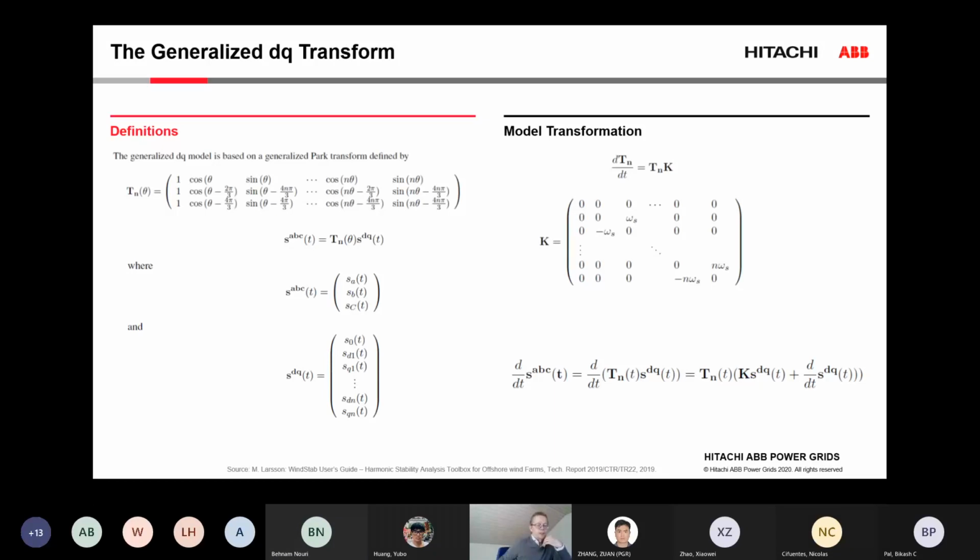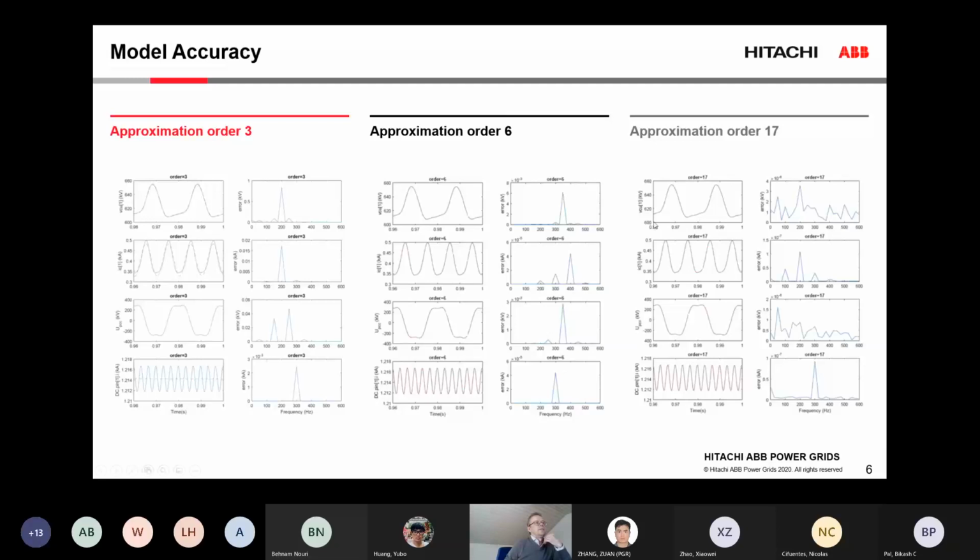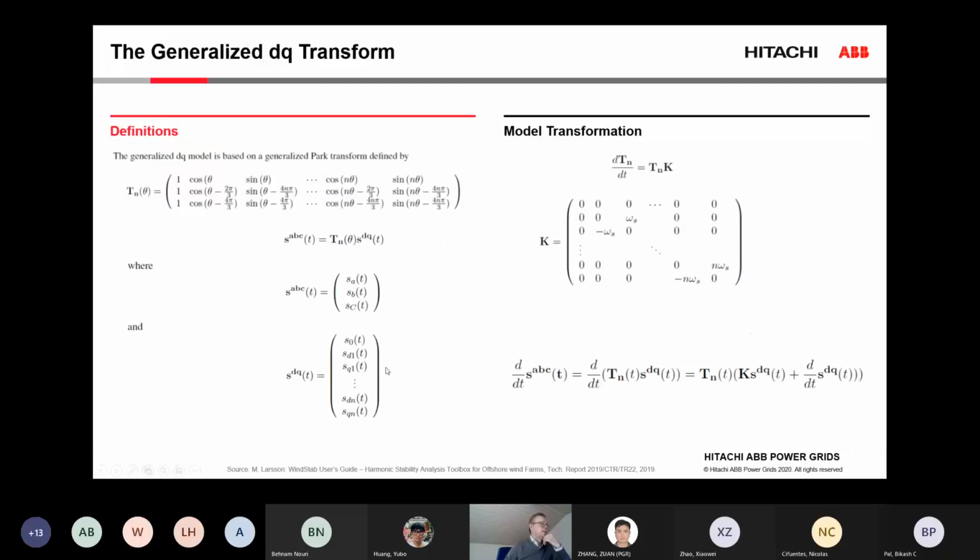But once you start going, say, to a very high approximation order, so if you have 17 here, we will have a dimension of this state, this vector here, that is 17 times 2 plus 1. And we need to map that to only 3 signals. And what you need to do then is to assume that the content, the amplitude in these higher order terms is small, so you can neglect them.